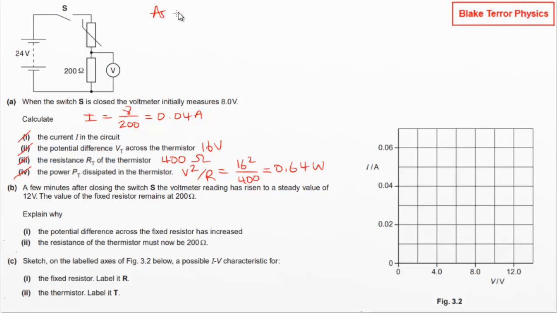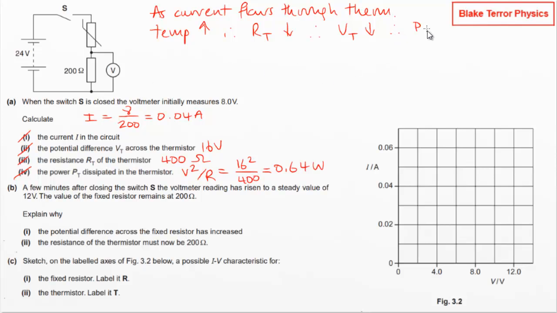So we can say as current flows through the thermistor, I'll just call it therm just to cut short, the temperature increases, therefore the resistance of the thermistor will decrease, therefore the potential difference across the thermistor will decrease, therefore the PD across the fixed resistor, which is what we want, will increase.